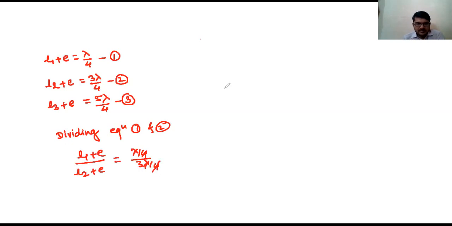Then you are getting L1 plus E by L2 plus E is equal to 1 by 3. Do cross multiplication. What answer are you getting here? Check, everything is right.